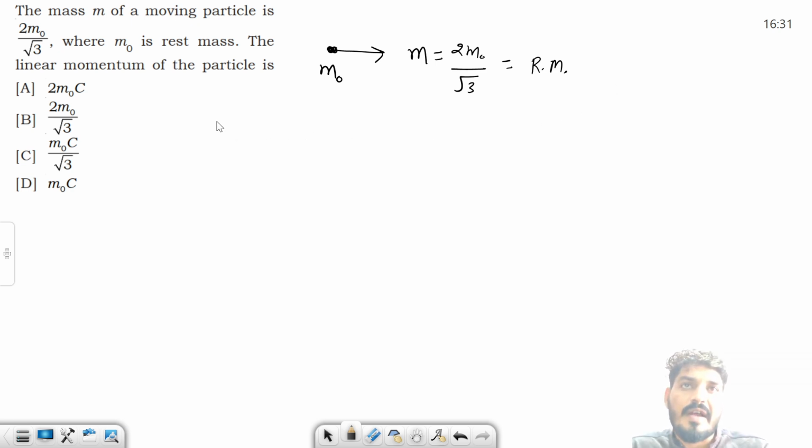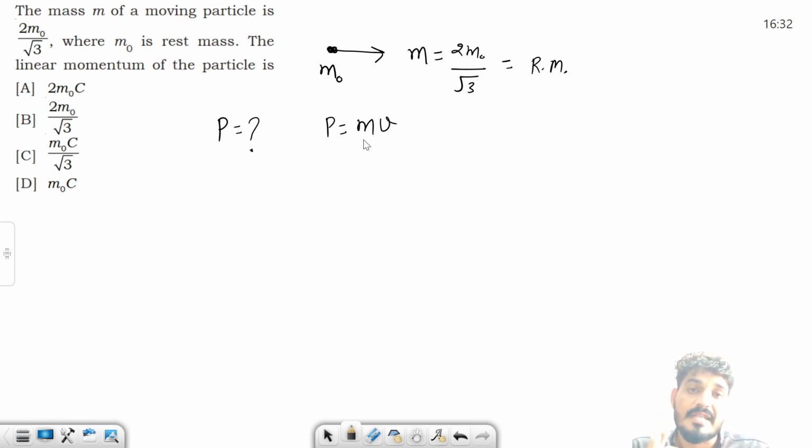So what we have to find out? Linear momentum P. How to do it? We know the formula of linear momentum. P is nothing but m into v, where this m is the relativistic mass.